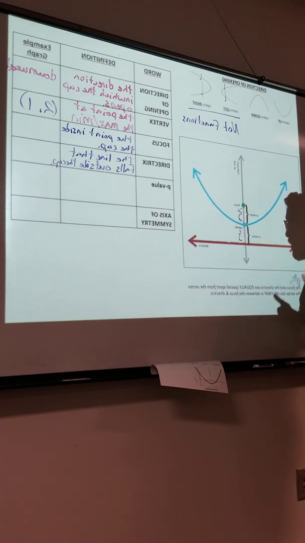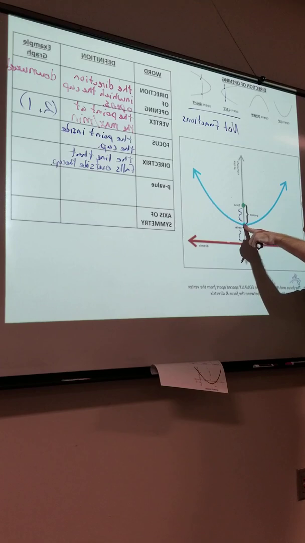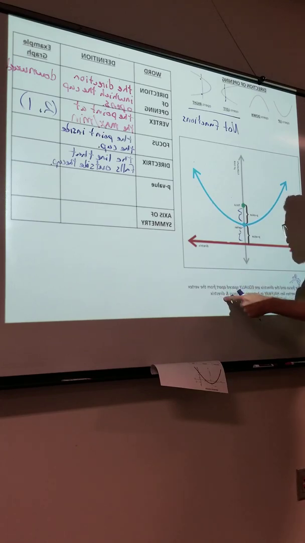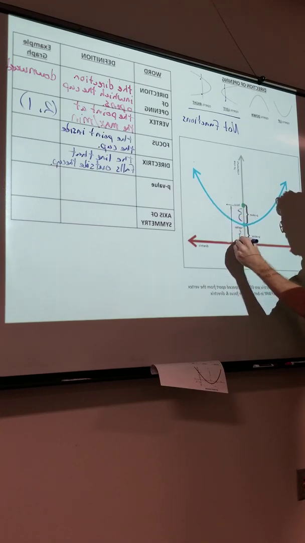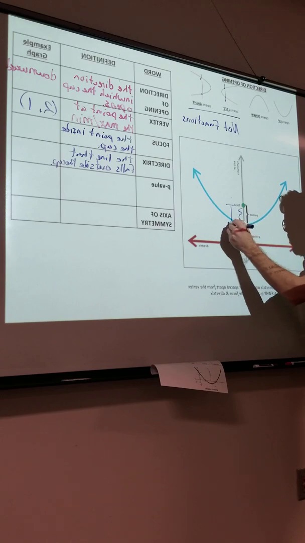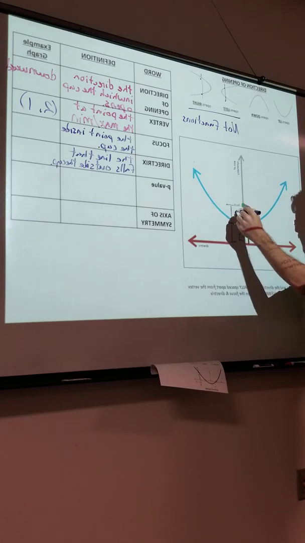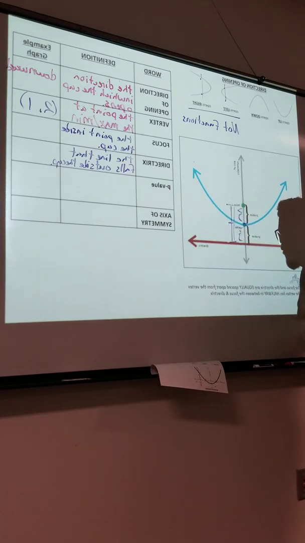Equidistance is how you say that, between the vertex and the focus and the vertex and this line, the directrix. It also says the vertex lies halfway in between the focus and directrix. These two things say the same thing. In other words, if I take the total distance, divide it in 2, that's where the vertex should be. That's what the second one said. The first one said the two distances are equal to each other.